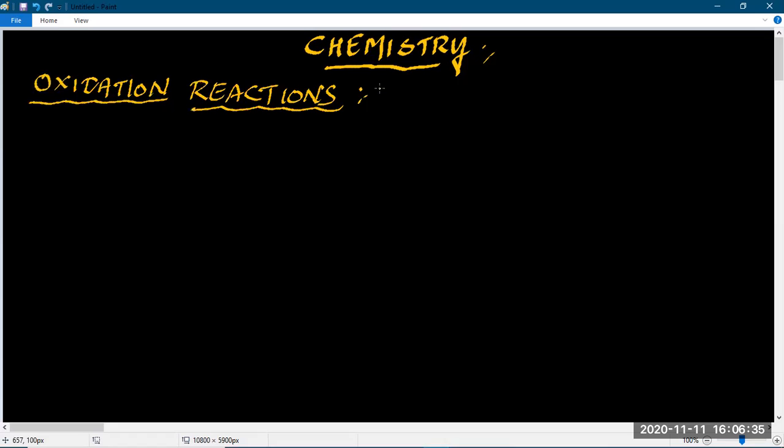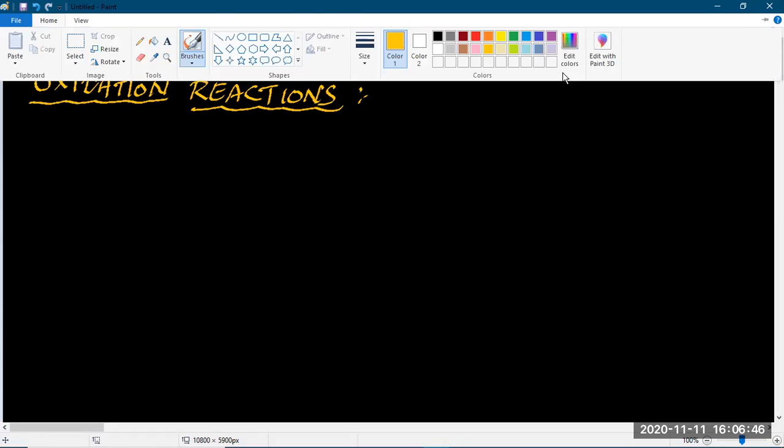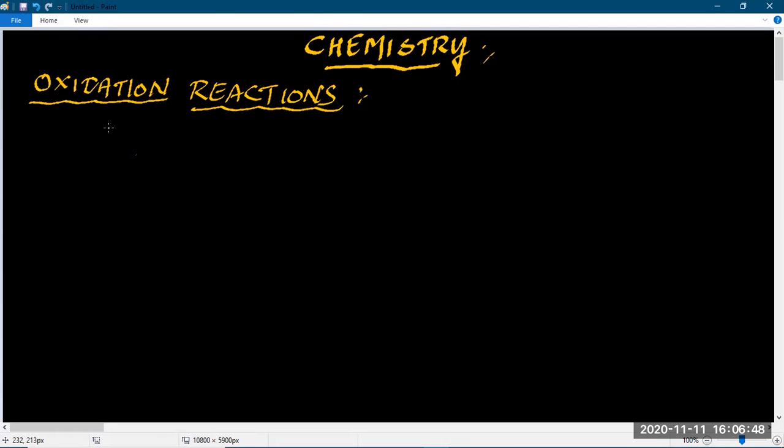However, according to the earlier concept, oxidation is based on the addition or removal of oxygen or hydrogen. You should remember one point: oxidation is based on the addition of oxygen or removal of hydrogen.